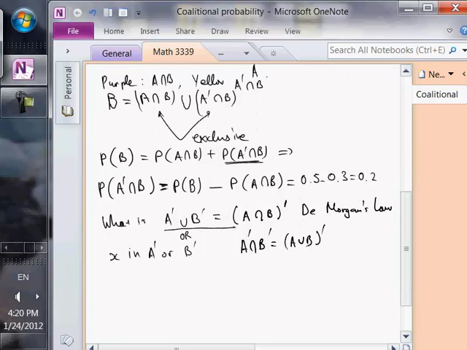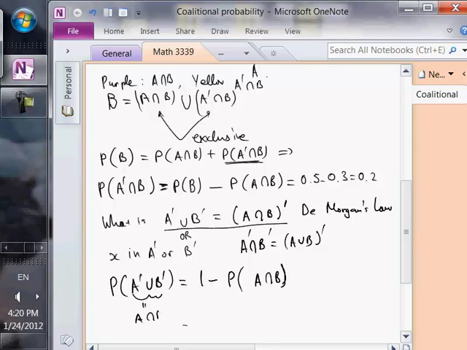So based on this law that we explained, actually why it works the way it works, the probability of A prime union B prime is equal to 1 minus the probability of A intersection B, because this set is equal to the complement of A intersection B. And we said when you want to find the probability of the complement of a set, you simply subtract the probability of the set from 1.